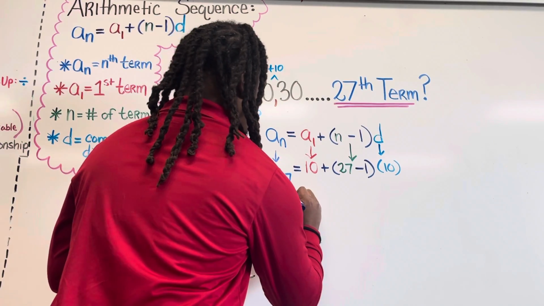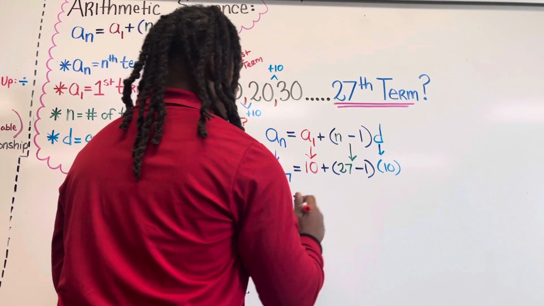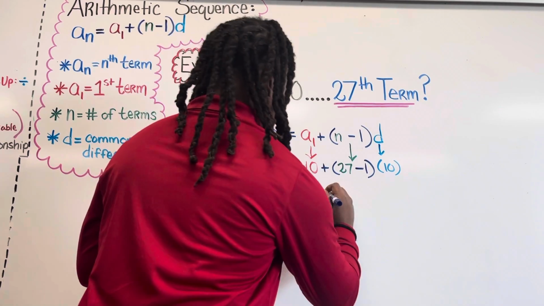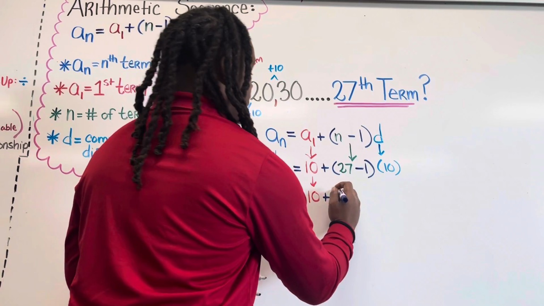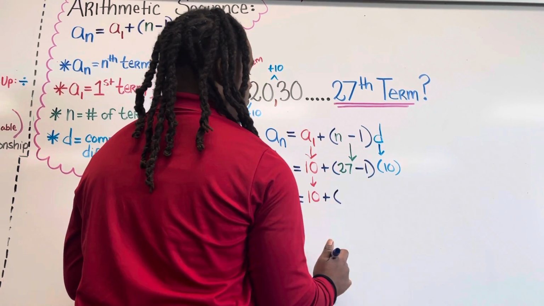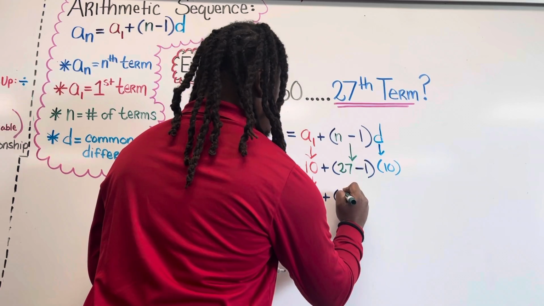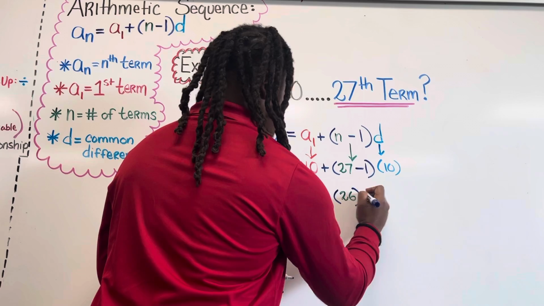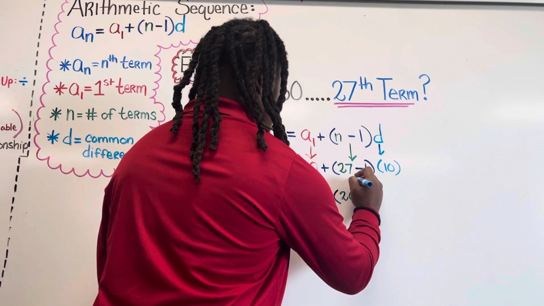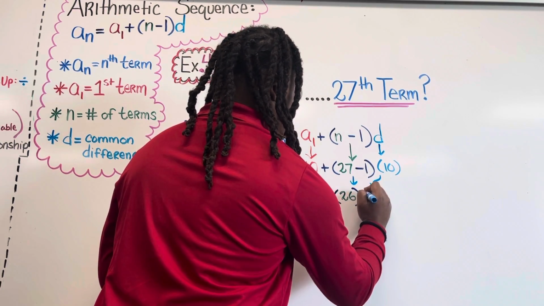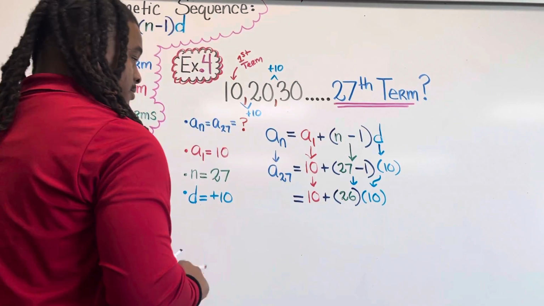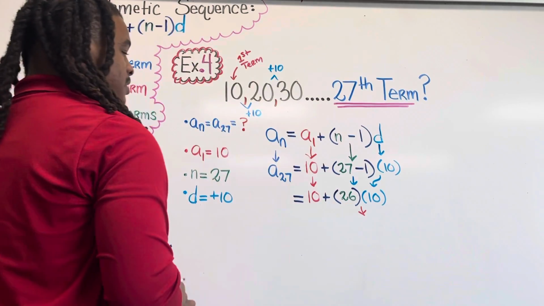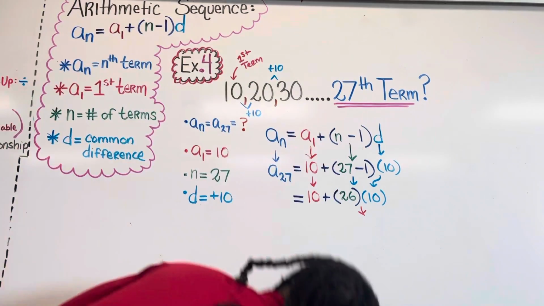Okay, so let's go ahead and start simplifying the formula. 10 stays the same, it just comes down, plus, in the parentheses, 27 minus 1 is 26, times 10. Okay, PEMDAS, of course, multiplication comes before addition. 26 times 10 is actually 260.